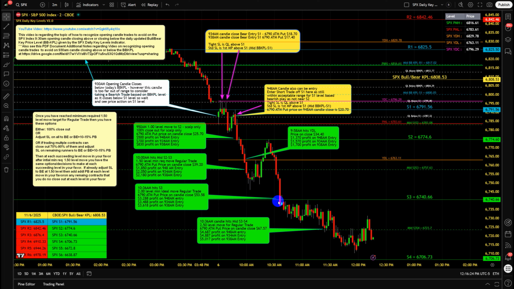The ideal move is that on most sessions on most days, this is going to be the ideal move because on most sessions, a 2-level move in your favor is typically going to be the max amount. So you want to be more cognizant of closing out all of your contracts at a 2-level move.